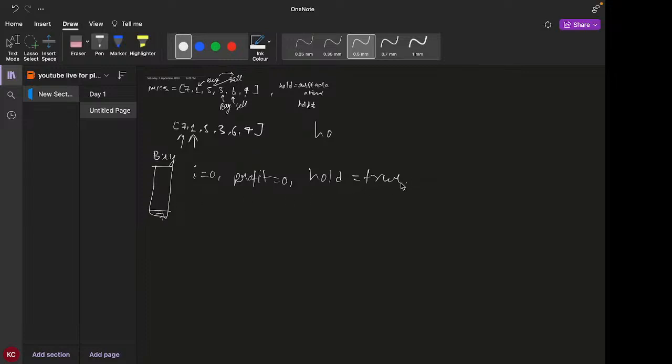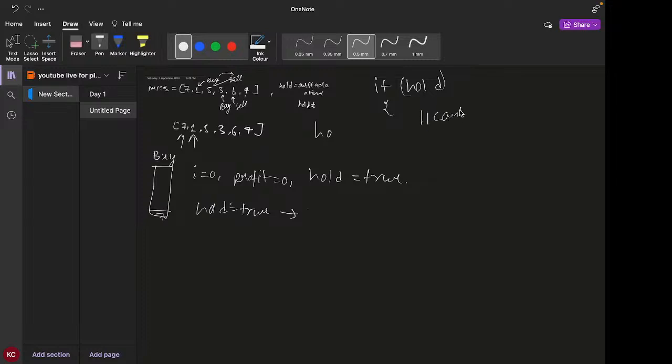So I move on to the second one. I already have 7, hold is true. So I can only sell it, or otherwise I can take another stack that is for the smaller. Means if hold is equal to true, then what are the possibilities?